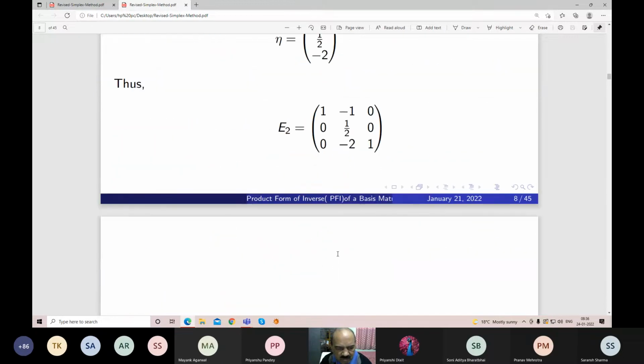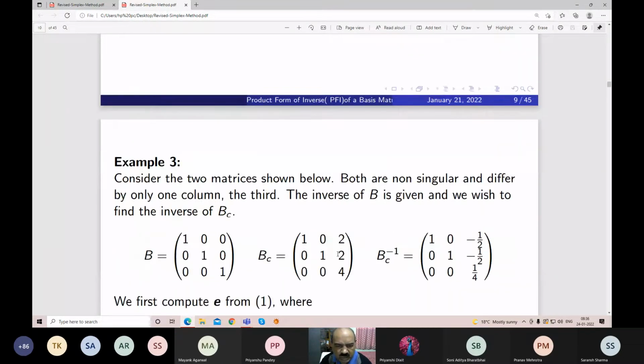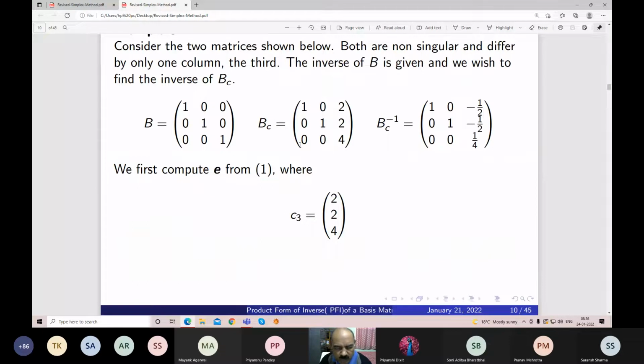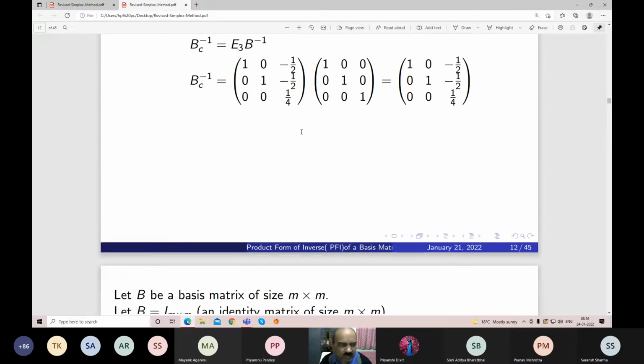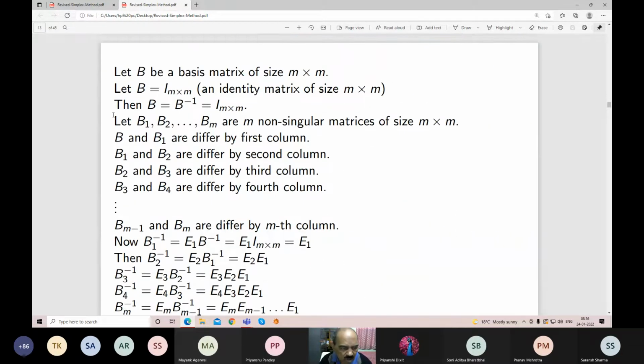Example 3 also, non-singular. So we are computing the inverse of a non-singular matrix. The same rule: a singular matrix has no inverse, so only for a non-singular matrix can you find the inverse. In this general problem, let us say B1, B2 up to Bm, there are m number of non-singular matrices of size m by m.